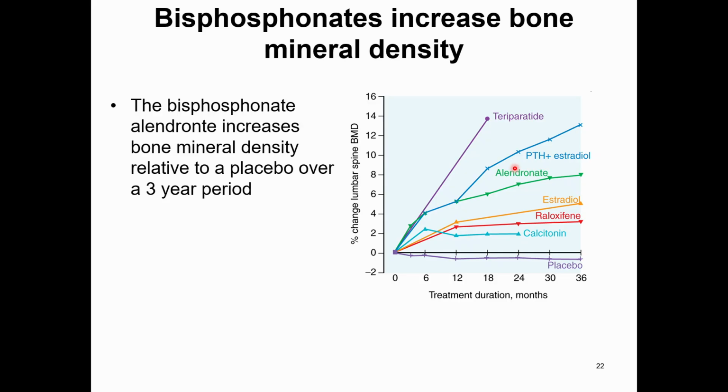Okay. Some of these are not bisphosphonates, like raloxifene, for instance. Turns out that a lot of bone density is also influenced by estrogen. So one of the reasons that osteoporosis is a problem in postmenopausal women is that estrogen levels go down, and estrogen also feeds into this pathway.